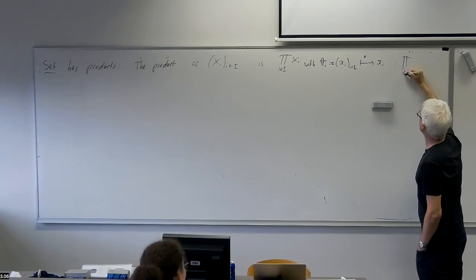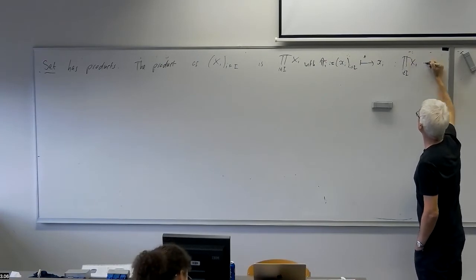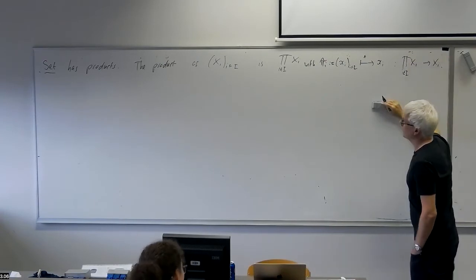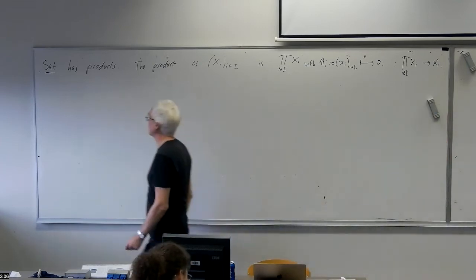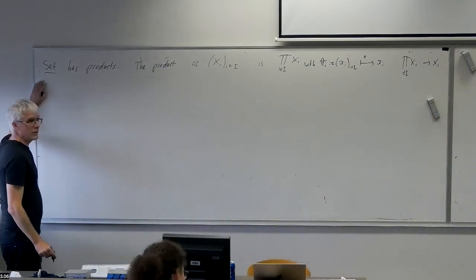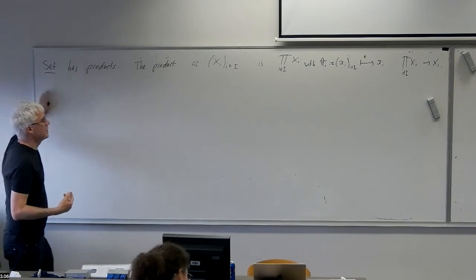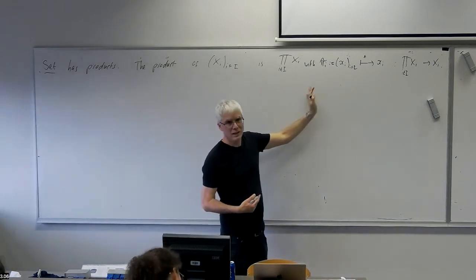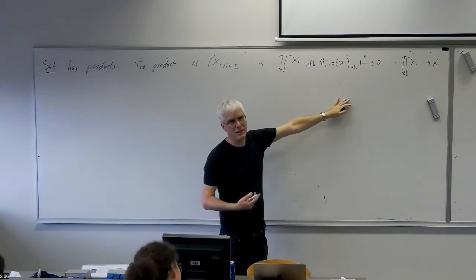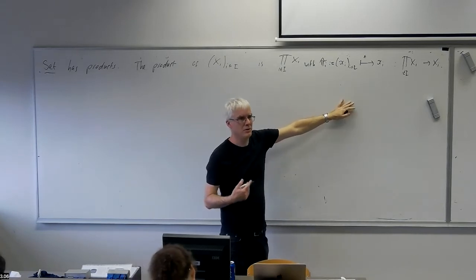So those are the projection maps from the product to the X_i. So it's exactly what you would expect. It's not exciting. The only thing is the notion of category theoretic product determines this structure up to isomorphism in the category of sets, namely up to bijection.